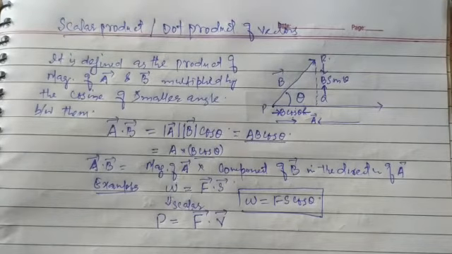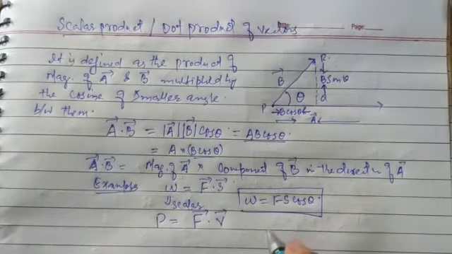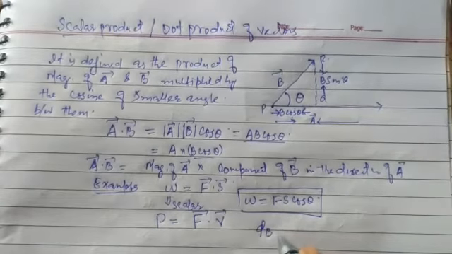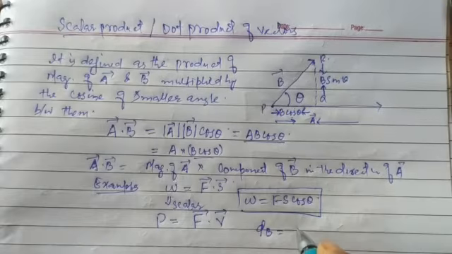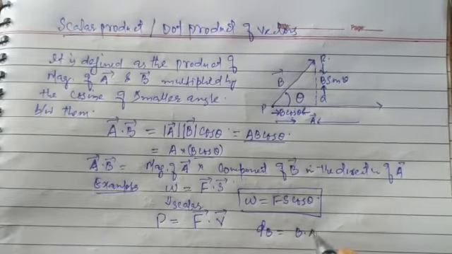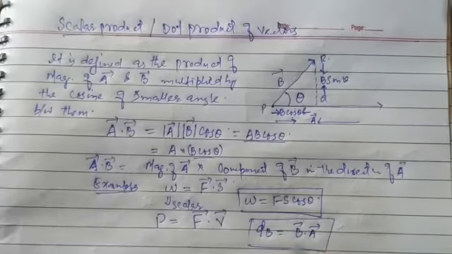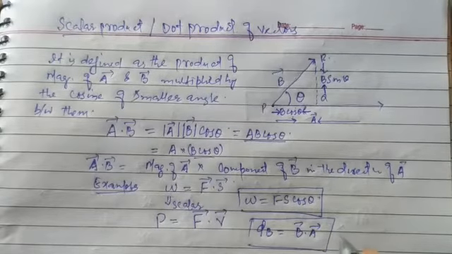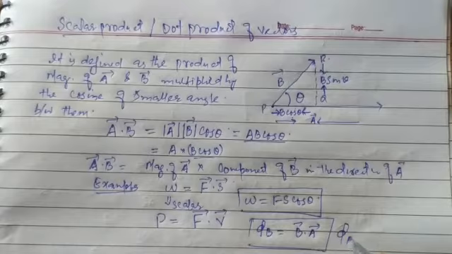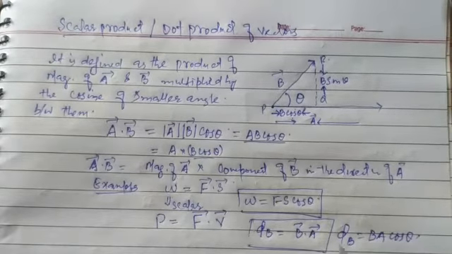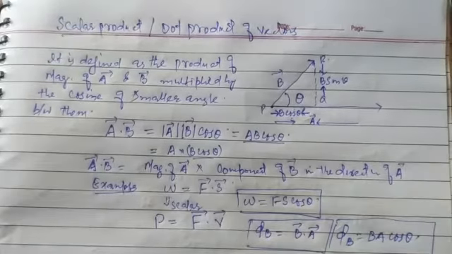You can have many more examples in this area, or you can have magnetic flux phi B equals B dot A. Remember, these should be vectors and there should be a dot product, so you can write phi B equals B A cos theta. Similarly there will be electric flux.